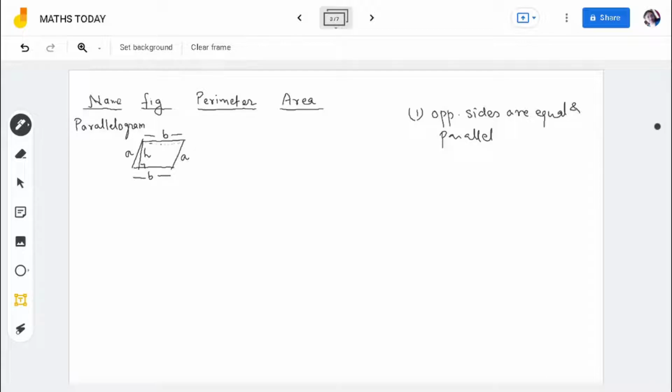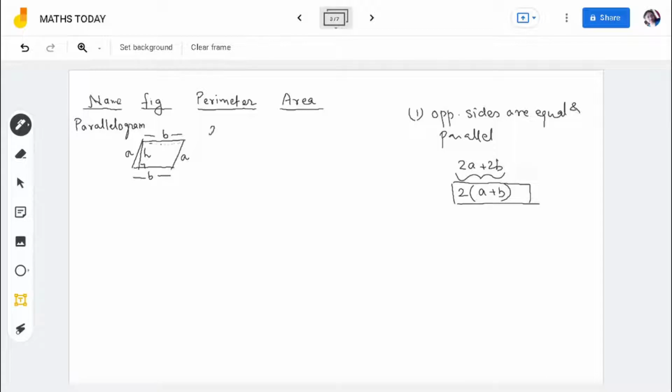So here it is b plus a plus b plus a. That means 2 times a and 2 times b. So the perimeter will be equal to 2a plus 2b. And if I take 2 common out of these two, I will get the formula as 2 into (a plus b). So this is the formula for finding out the perimeter of the parallelogram. So here I am writing the formula 2 into (a plus b).